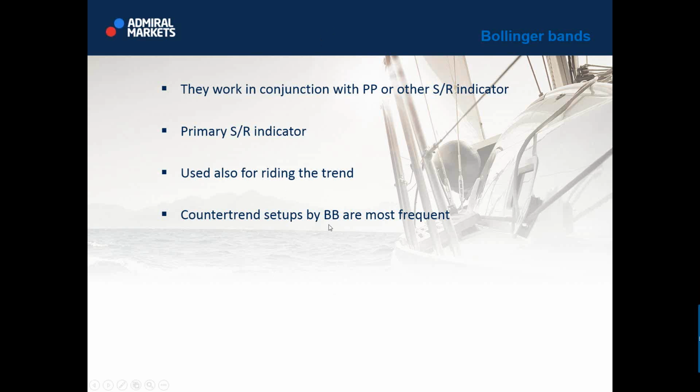Counter trend setups by Bollinger Bands, I need to say, are the most frequent. So counter trend setups are definitely more frequent than trend setups, which are based on riding the bands. So close outside, inside is counter trend trading by Bollinger Bands, and riding the band is actually trend trading.